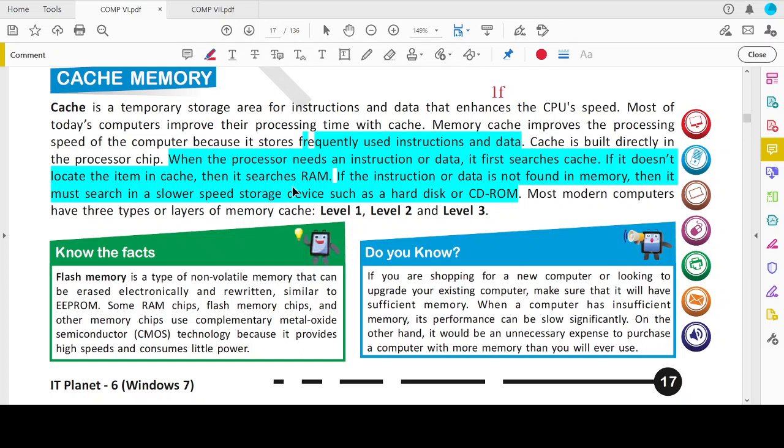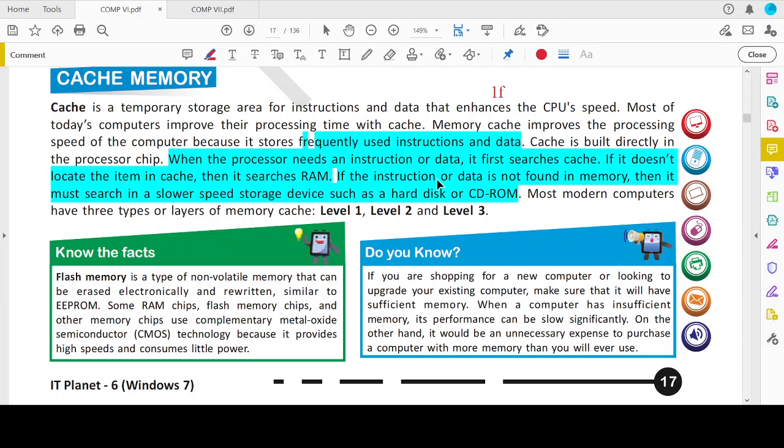For the data transfer from the RAM to the cache, it needs time. The processor will have to wait for the data to be transferred from RAM to cache. So that's why time is wasted and the computer will respond slowly.